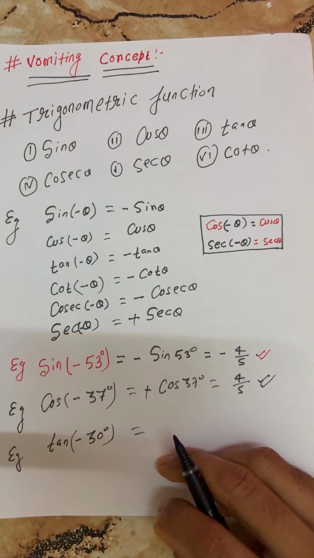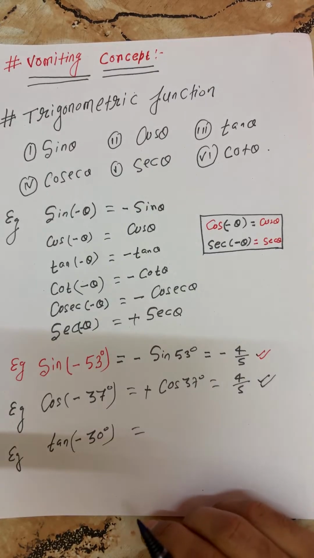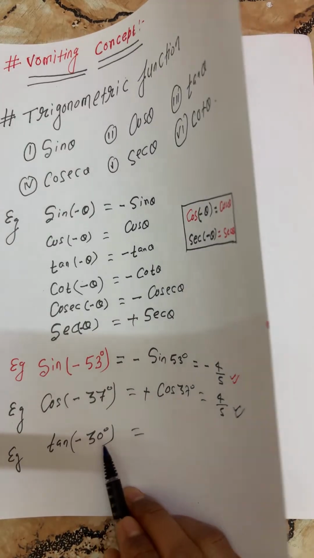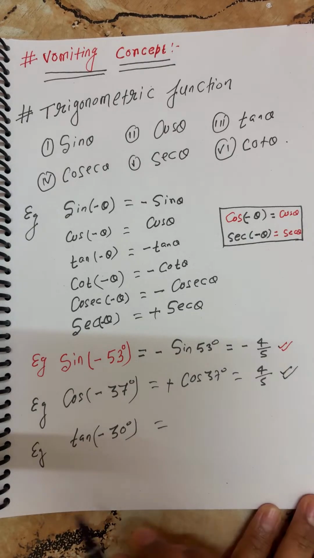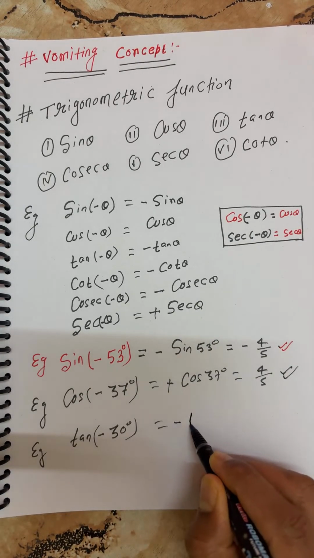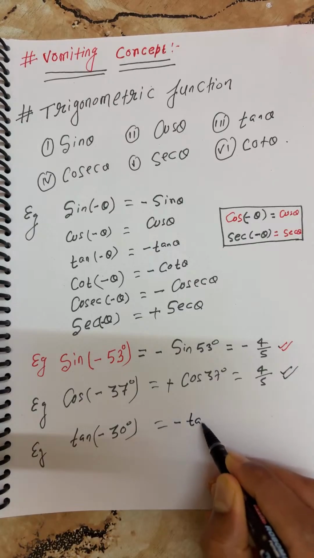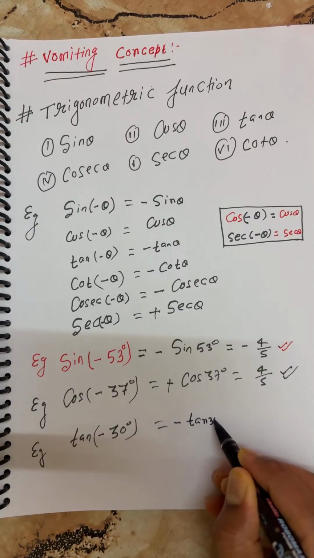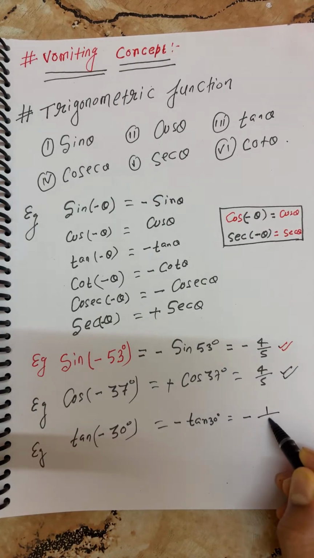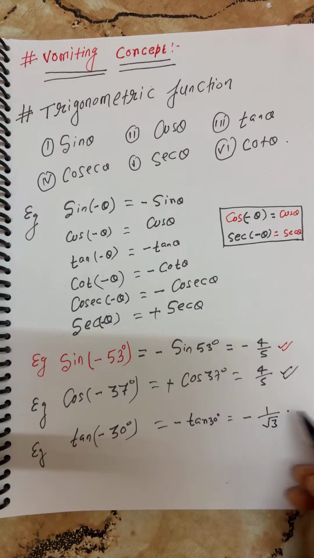So first, in tan the minus will be carried out. So you can say minus tan of 30 degree, which is minus 1 by root 3.